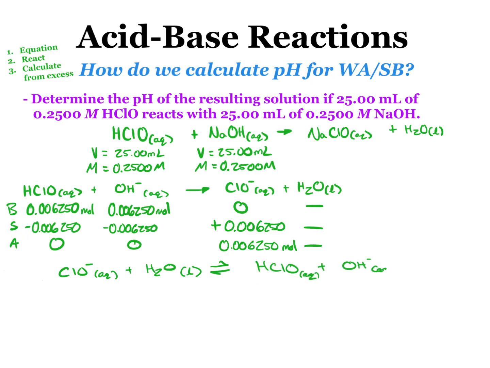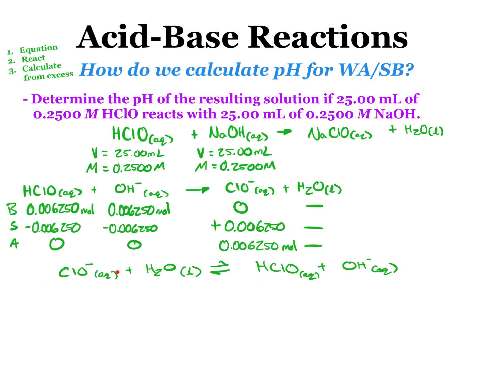So the takeaway that we want to have here is that once we figured out this reaction part in step 2, when we have equal amounts of a weak and a strong, we have to look at what that weak substance is that is left over at the end. In this case, we have a weak base. Bases accept protons, and so ClO minus accepts a proton from the only other thing that's around, water, and in doing so, it creates the conjugate acid and OH minus.